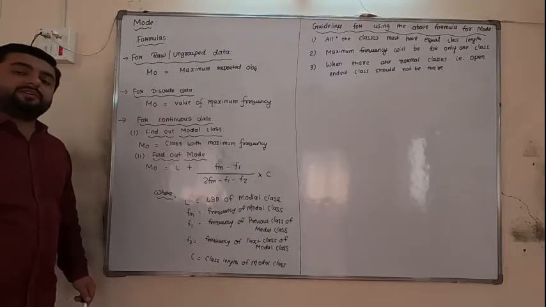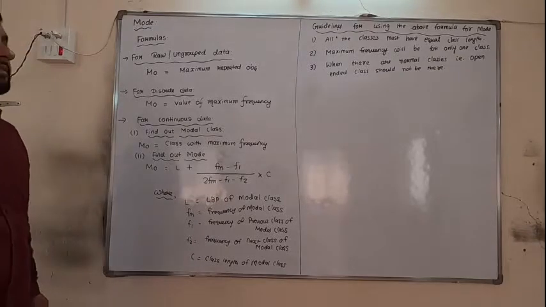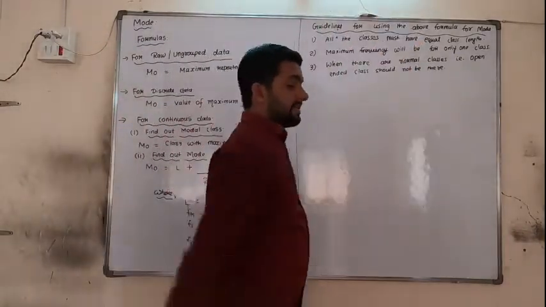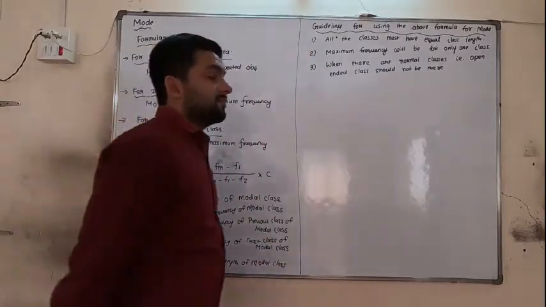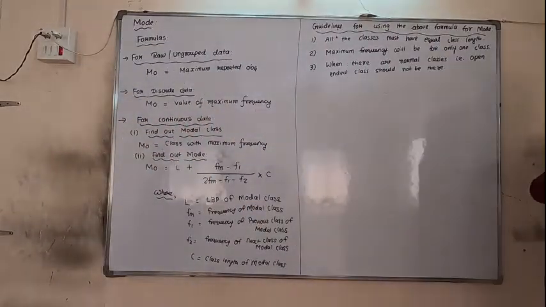The class length may be equal for all the classes, but if the first class has no lower limit, or the last class has no upper limit, then also you cannot use this formula. So these are the guidelines to be remembered for using this formula.